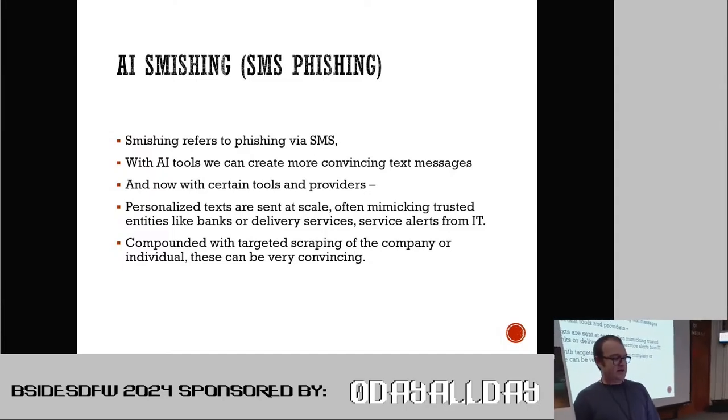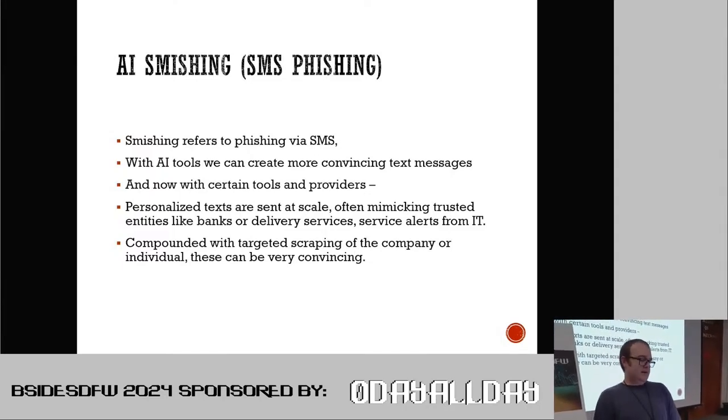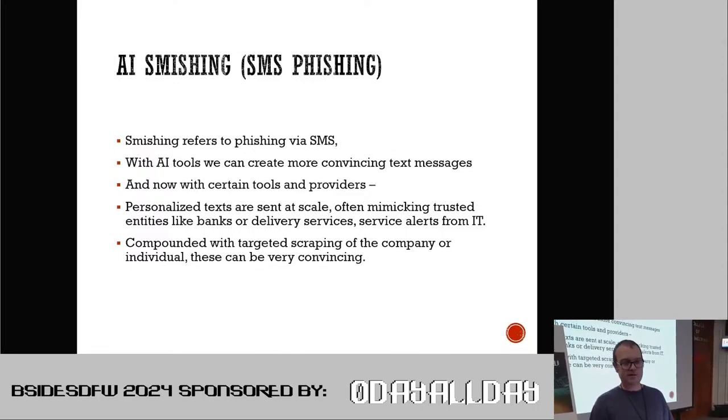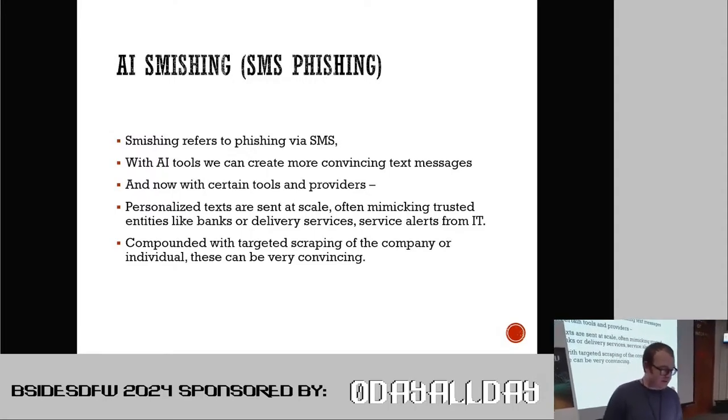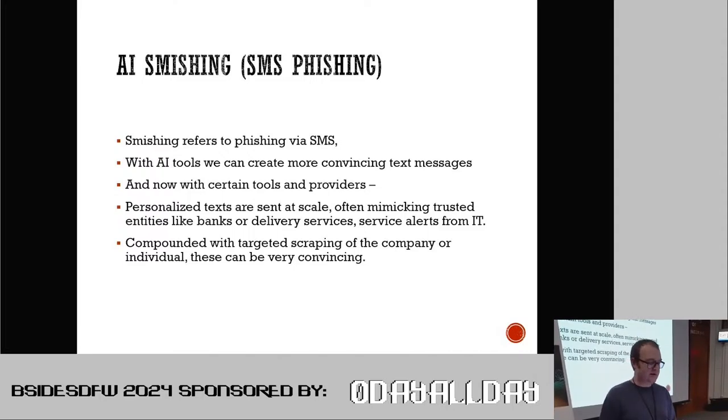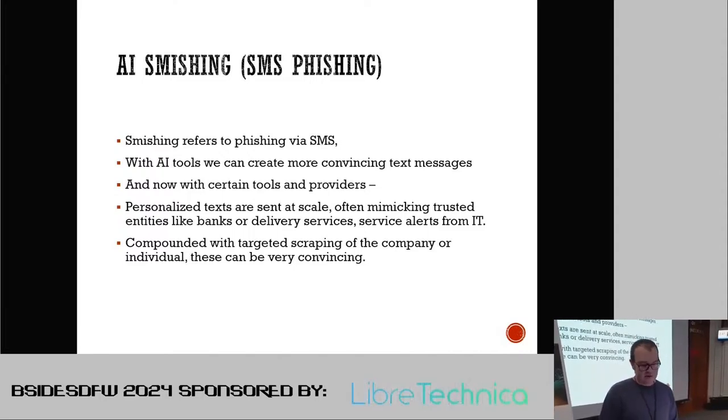All right, AI smishing. So it's a type of SMS phishing, right? With AI now, same as email, we can generate more convincing text messages. We can make things look like other things a lot more easily without having to figure out what links the bank uses or the name of the bank.